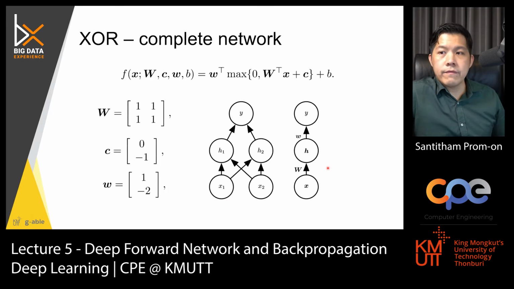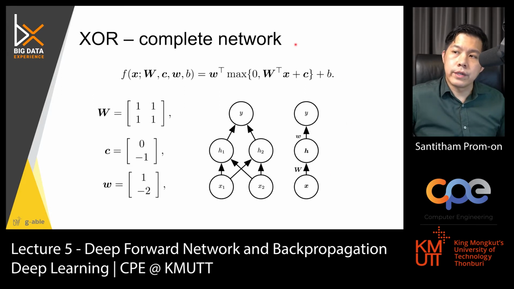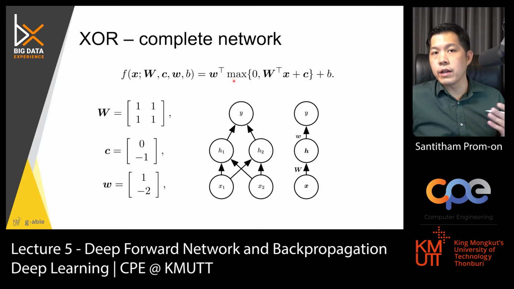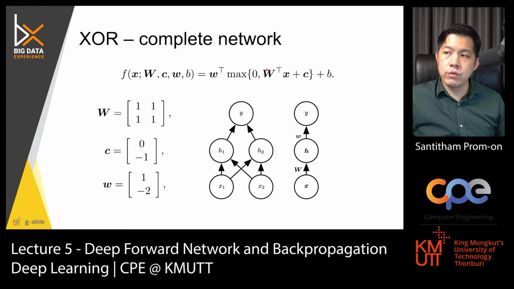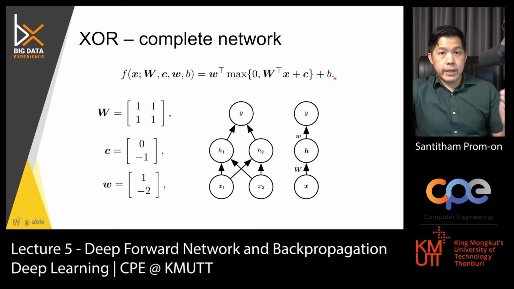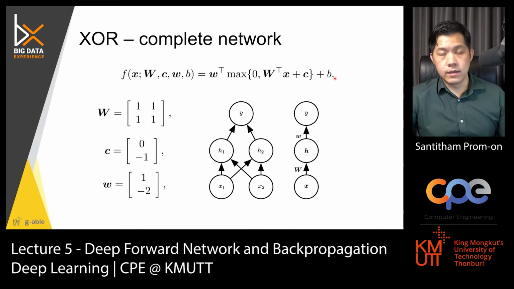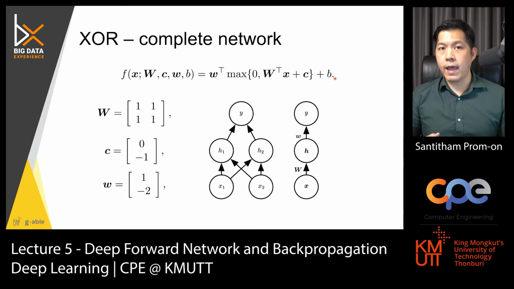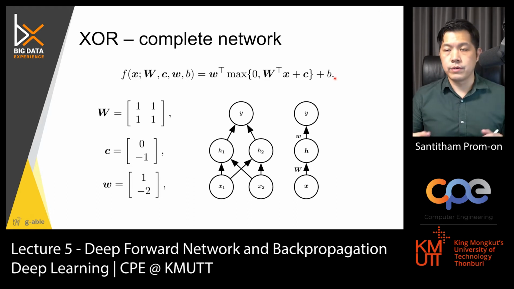Okay, once we have this rectified linear unit, we can plug the value in. That means the output of the first layer, now instead of just W transpose X, becomes max of 0 and W transpose X plus C. And finally, at the end it is W transpose times this vector plus B. Now let's make certain assumptions about the learned model and see what happens when we put an input into the system.